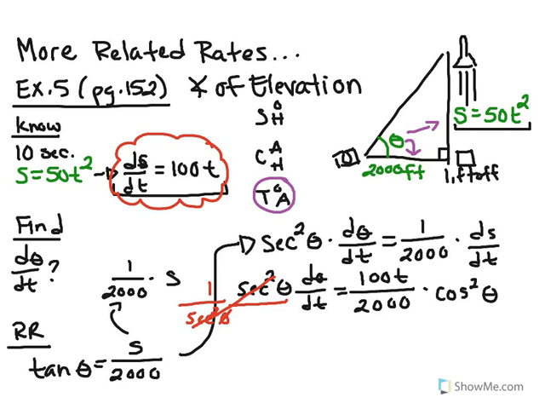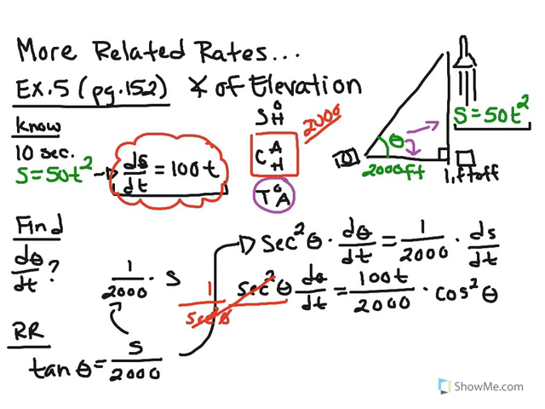So once again, how do I use that cosine and the theta to help me out? Well, just by looking at my picture, I may not even need to know what theta is, as long as I know the relationship for cosine. So look back up here in my picture and look at the cosine statement. It's adjacent over hypotenuse, which right now the adjacent part is 2,000. So then what would the hypotenuse be?